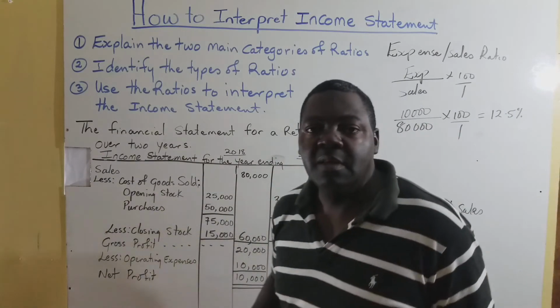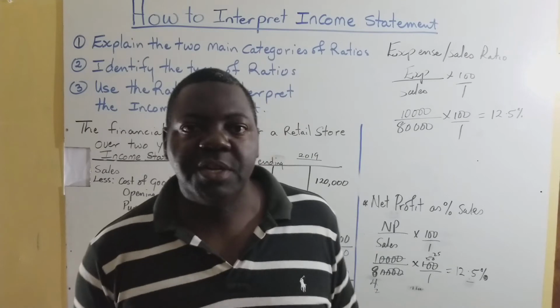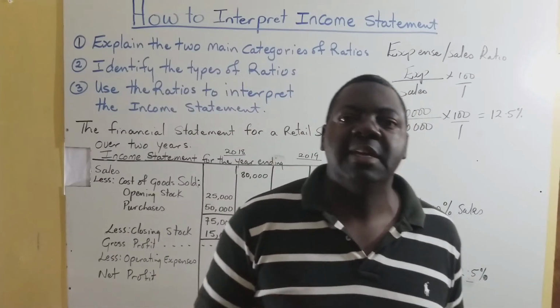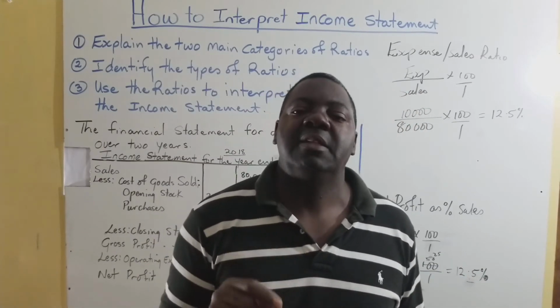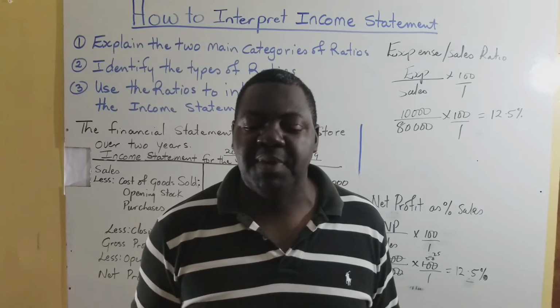In every $100 worth of sales lies $12.50 that accounts for your operating expenses.